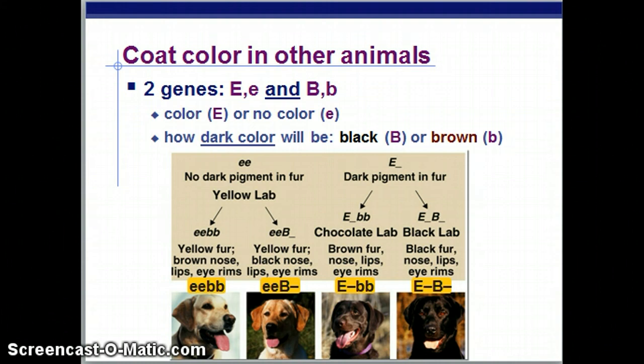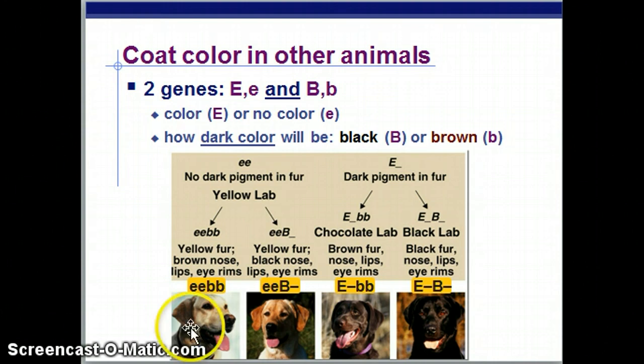So if you look at the picture here, this white lab, or a very light yellow lab, basically got two recessive alleles for color, so they do not express color. However, in the B gene, you got two recessive alleles for brown. So you have a very light shade of brown, meaning you get this white golden color.